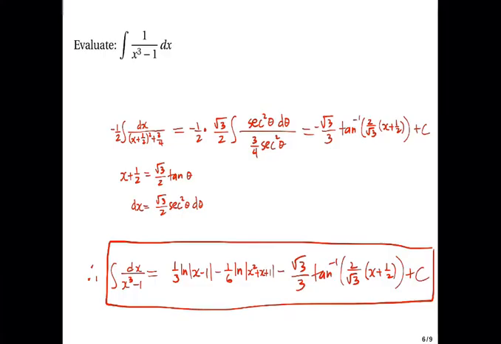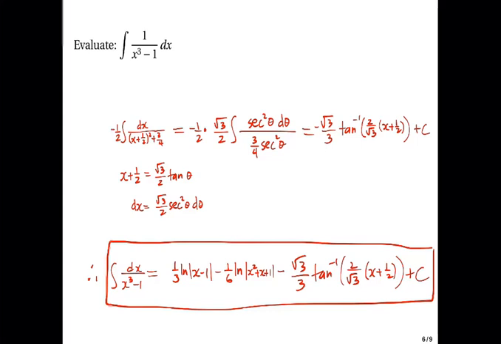Okay? Now, recall that sine squared of x over 2 is equal to 1 minus cosine x over 2. But according to this triangle, what is sine x over 2?